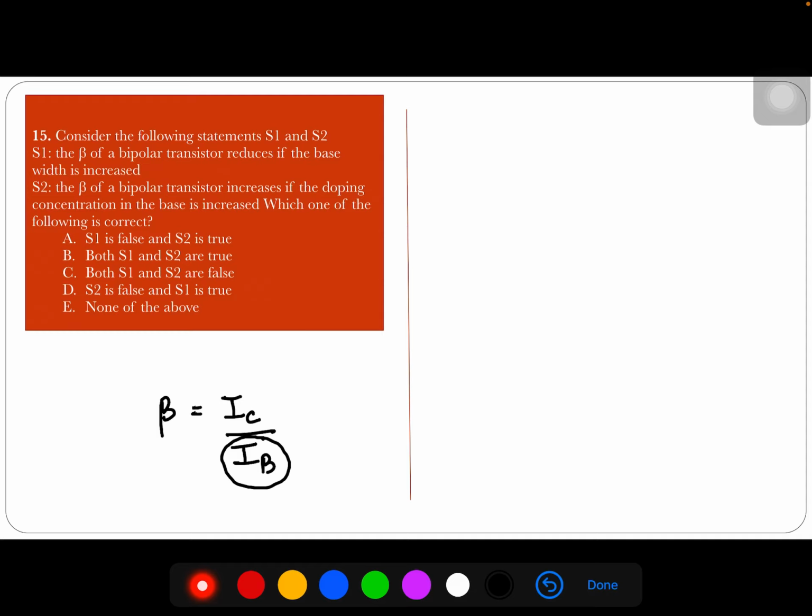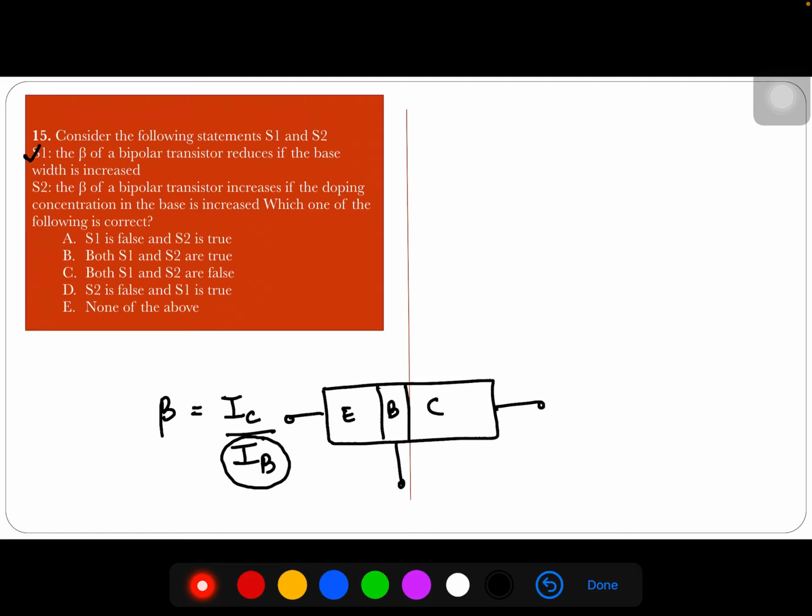So according to the first statement, if the base width is increased, okay, so emitter, base, collector. This is the original construction. If you increase the width of the base, the recombination will be more, and hence IB will be more. If IB is more, then beta will certainly reduce. So the first statement is absolutely correct.